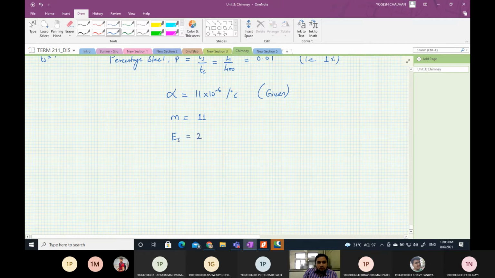ES is 210 into 10 to the power 3 Newton per mm square. So from this we can find EC is equal to ES by modular ratio, that is 210 into 10 to the power 3 divided by 11.